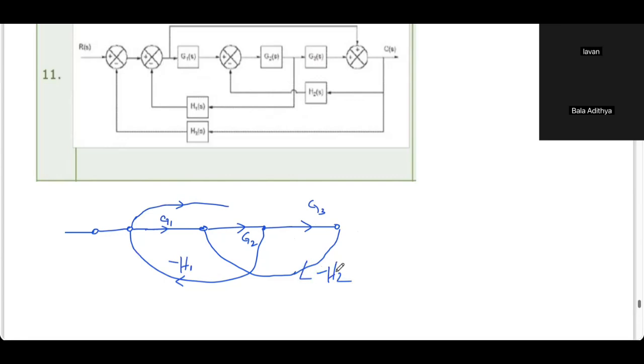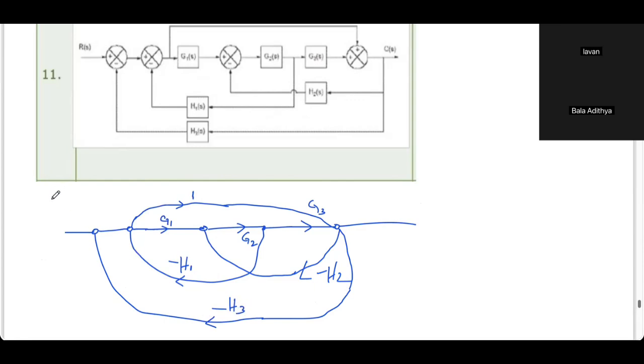Minus H2. Minus H3. Okay. This is correct.